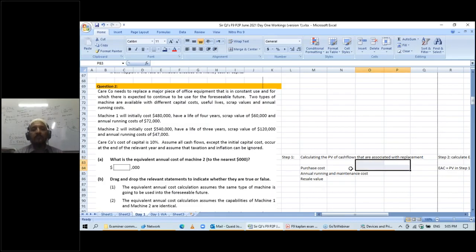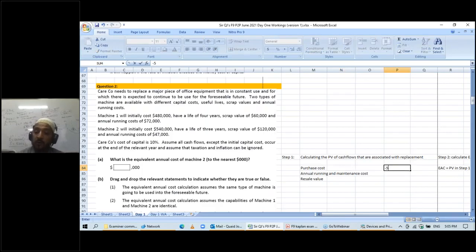If we take the purchase cost, the present value of the purchase cost will be the same as the actual cash flow which will be incurred. So it is 540,000, right? Which I have taken as minus, since it is an outflow. This is about machine 2.